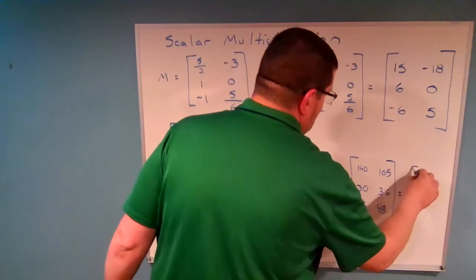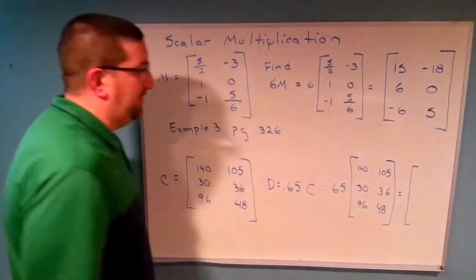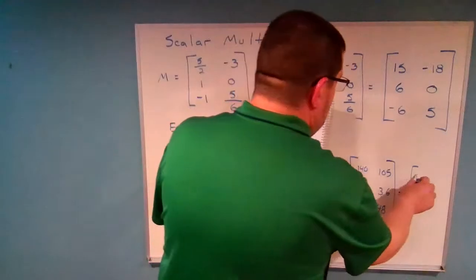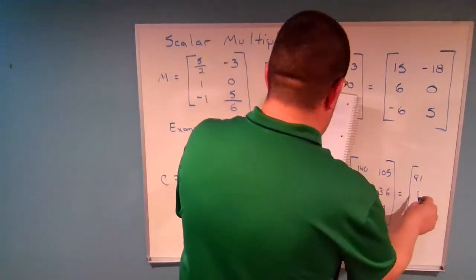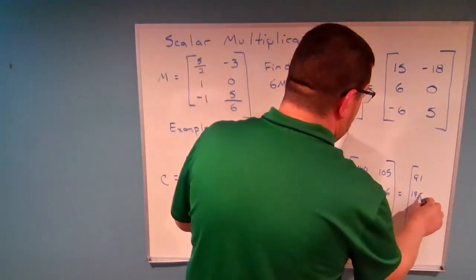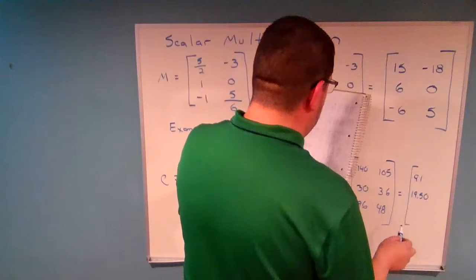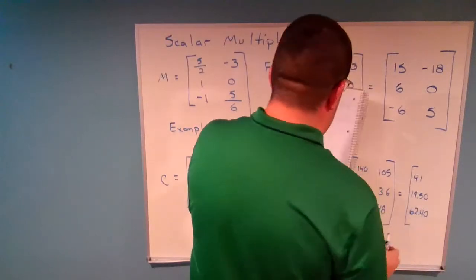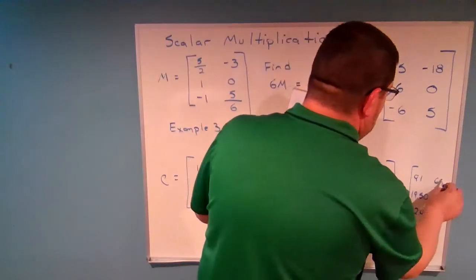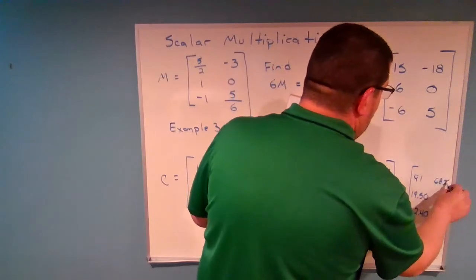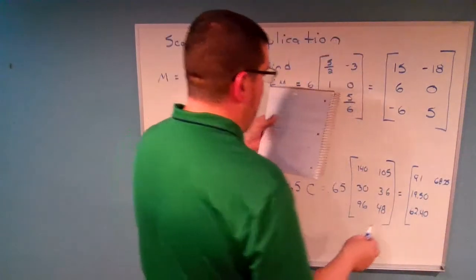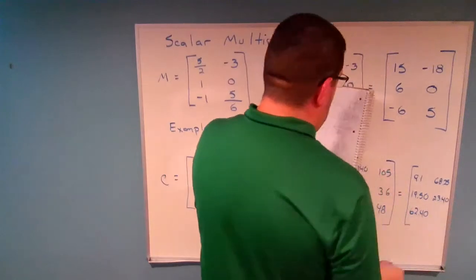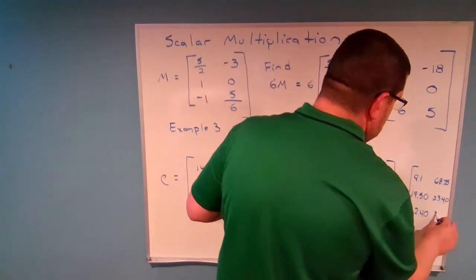If we take each of these terms and multiply it by 0.65, we would get 91, $19.50, 19.50, 62.40, and 68.25. Sorry for it being squished. 23.40 and 31.20.